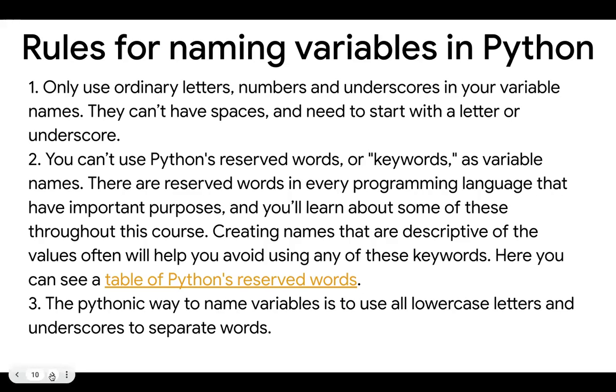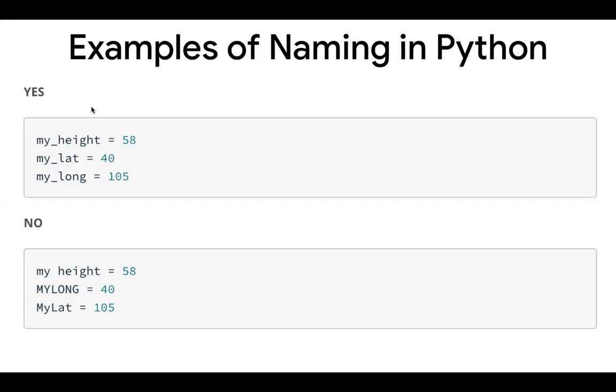There are other ways in other languages. For example, you can start each word with a capital letter. It's called the camel way of naming variables. So the example of correct naming in Python would be first word and then the second word, separated by an underscore. You cannot use spaces, and while these names are acceptable, it's not the Pythonic way. So Python will accept these names, but it's not the Pythonic way.